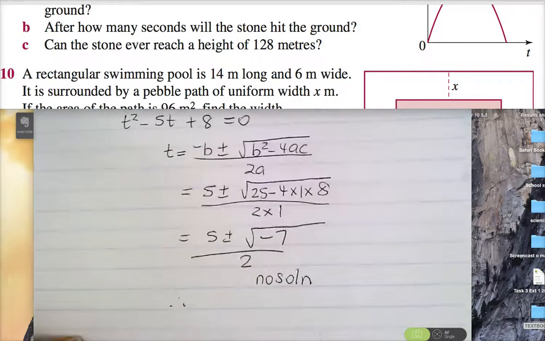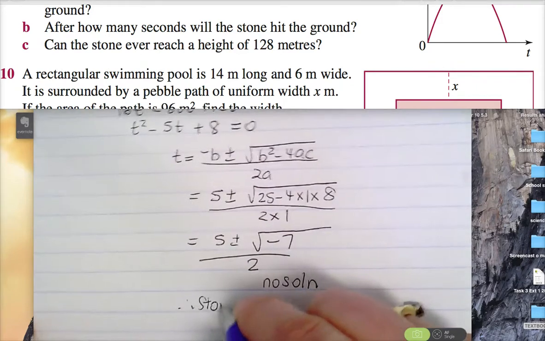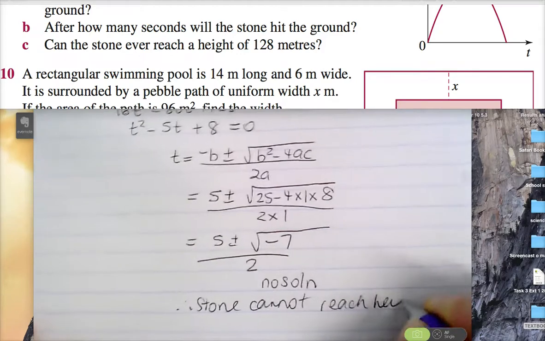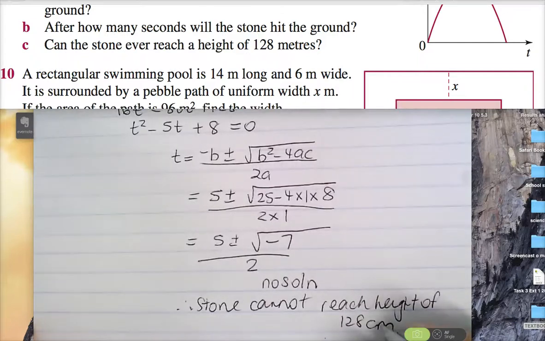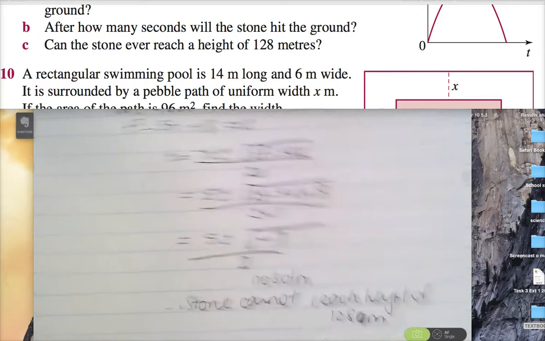Actually, girls, I'm going to take this question one step further. So therefore, the stone cannot reach a height of 128 metres. Girls, I want you to tell me what is the maximum height that it can reach.